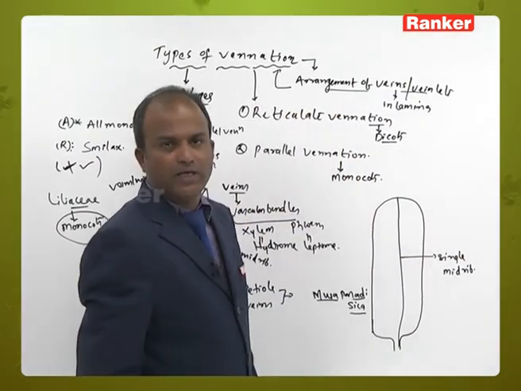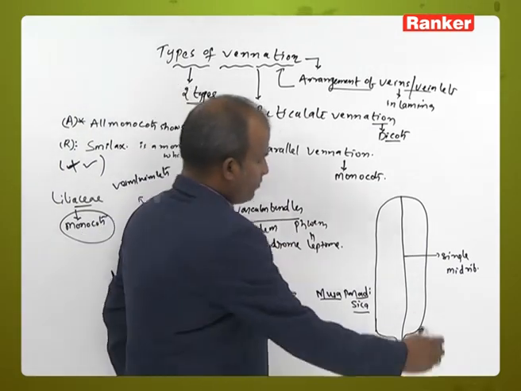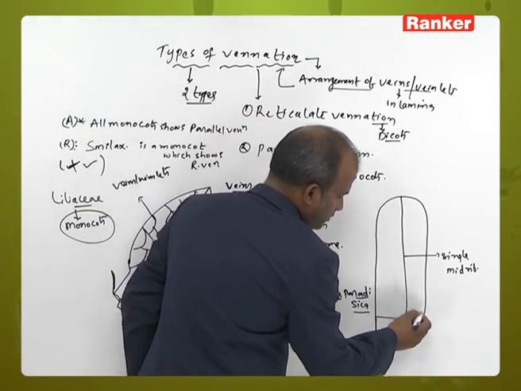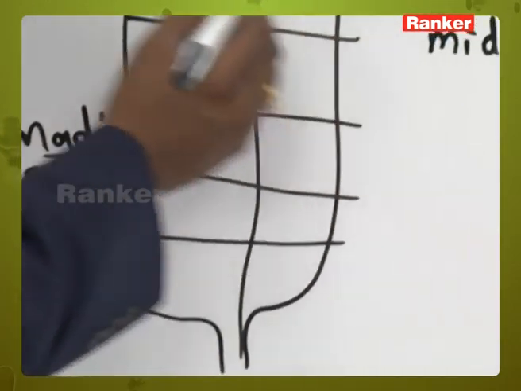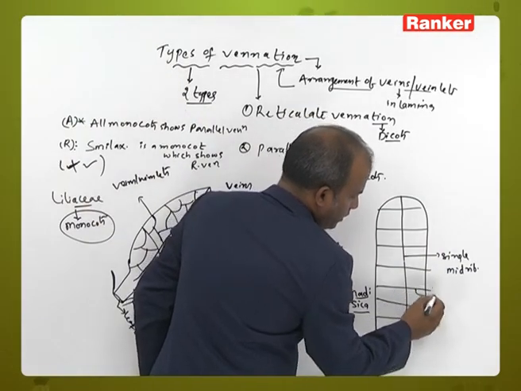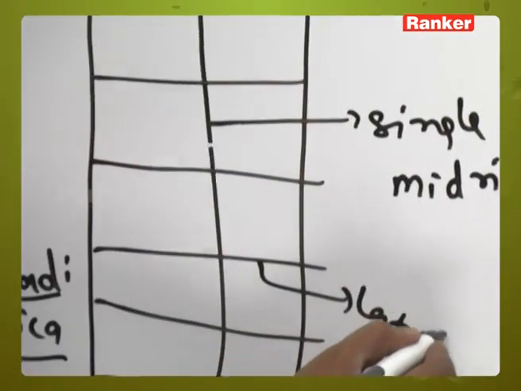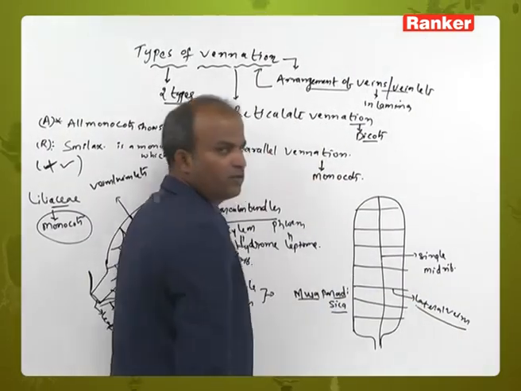From this single midrib, lateral veins arise. Which veins are arising? Lateral veins. These are the lateral veins.